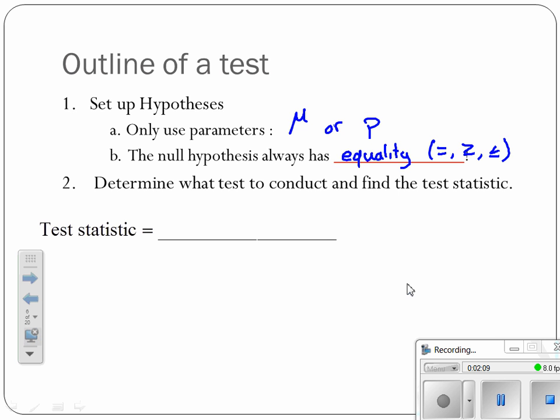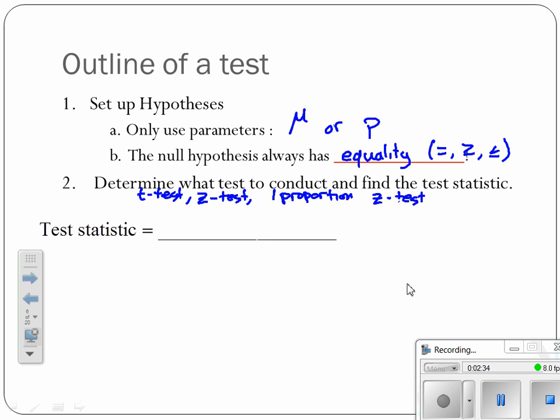Once we set that up, then we figure out what type of test. The types of tests could be a t-test, a z-test, or a one proportion z-test. Those are the 3 types of tests that we know right now that we'll be discussing in this particular unit. Then we'll calculate a test statistic.